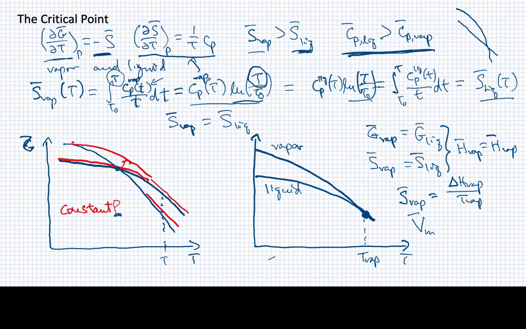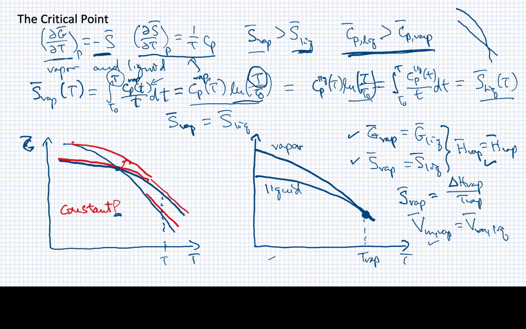So molar volume of the vapor and the molar volume of the liquid will be equal at this point. So I've got free energies, Gibbs energies that are equal, I've got entropies that are equal, enthalpies that are equal, and molar volumes that are equal.